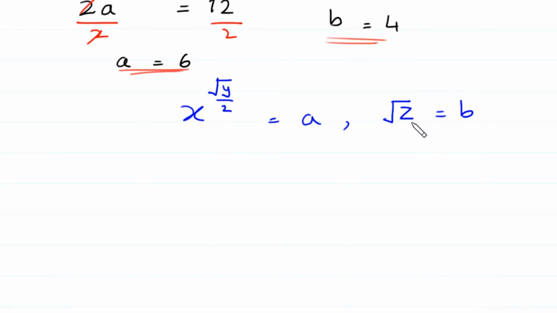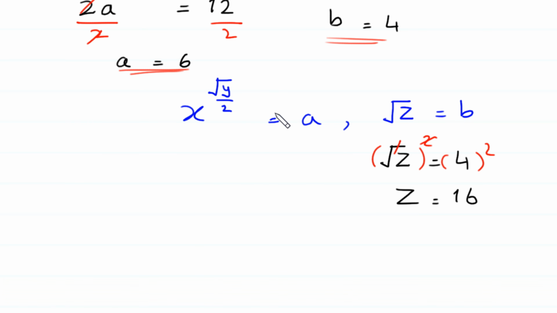In this equation we put the value of b, 4. Square root of z is equal to the value of b, 4, and we take square of both sides. This square will be cancelled with this square root, and z is equal to square of 4, which is 16.